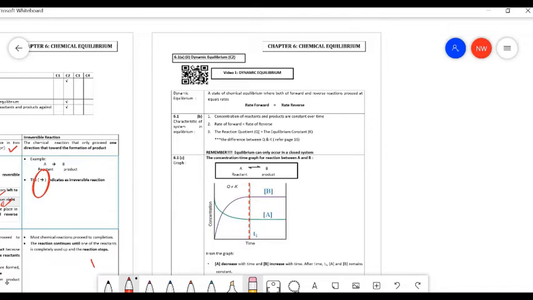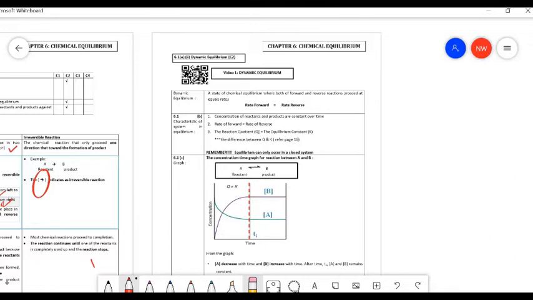So kalaulah kadar penghasilan produk itu sama dengan kadar penghasilan reactant semula, that's why over the time concentration of reactant and product tu akan jadi constant. Okay, so the reaction coefficient Q equal to the equilibrium constant K. Okay, yang ini kita akan belajar nanti dengan lebih lanjut lah antara Q dan juga K tersebut.